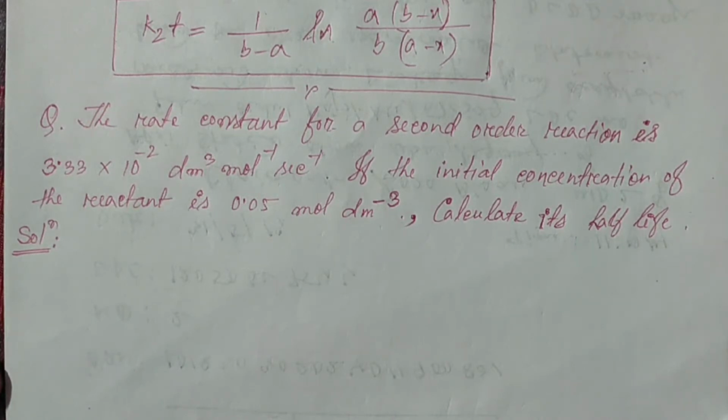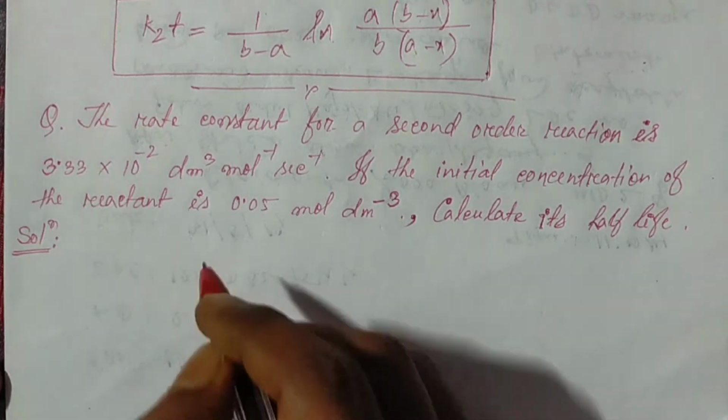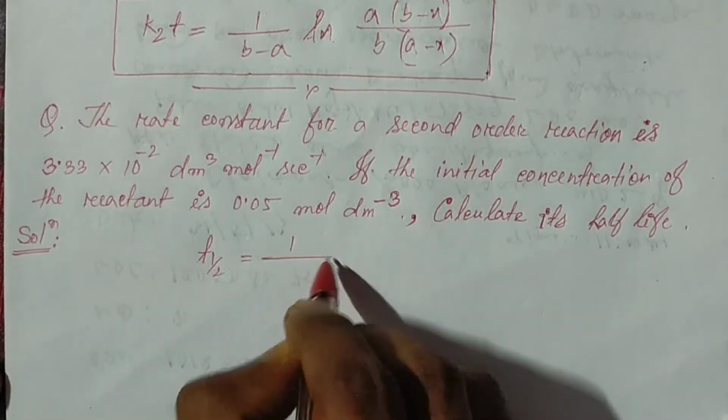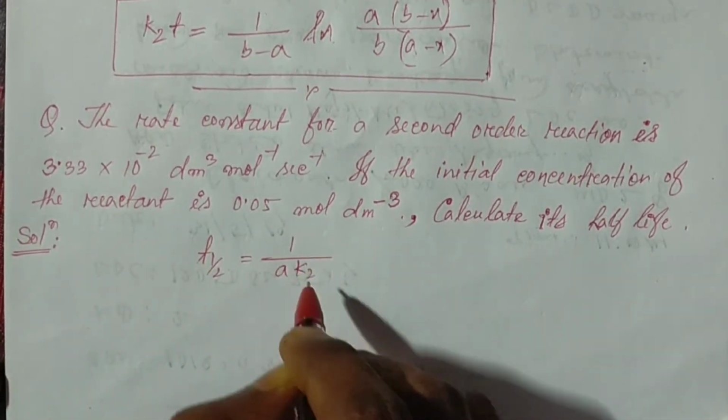For this we have to know the equation for the half-life of a second order reaction, which is t half equals 1 by a k2.